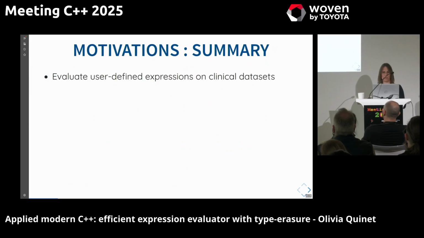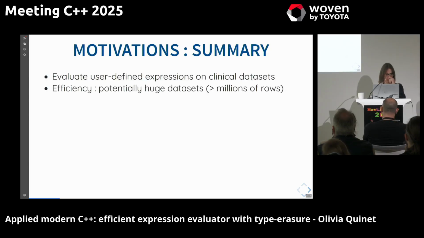So, in summary, we need to deal with evaluation of user-defined expressions on clinical datasets, and those expressions can be very different, and we need to deal with different types of data.